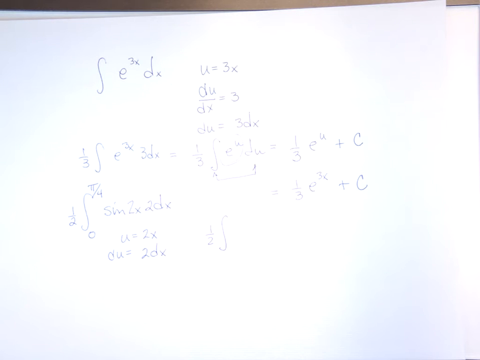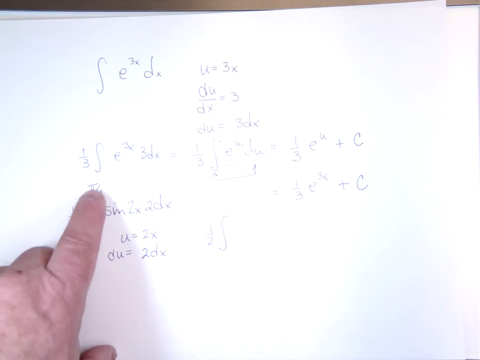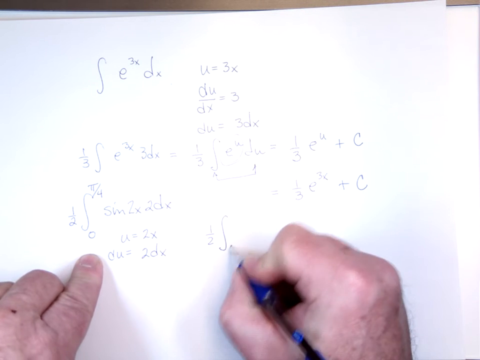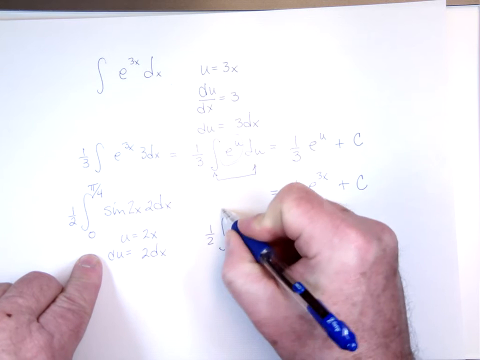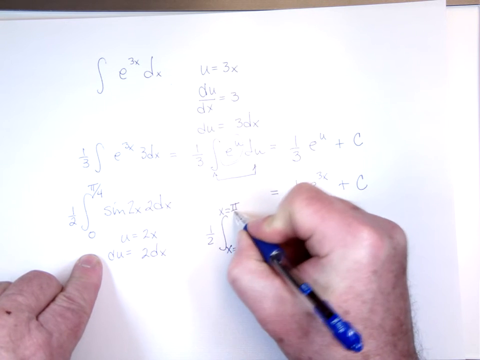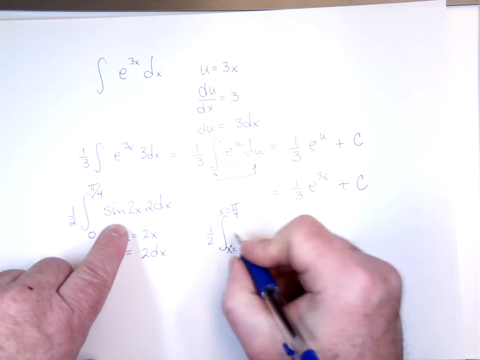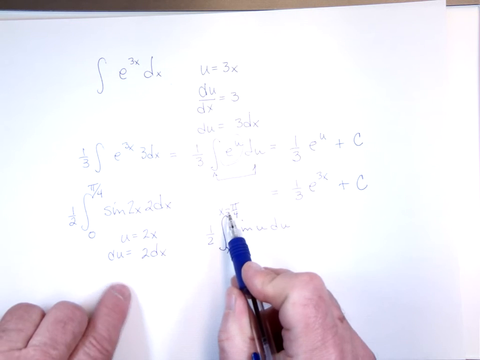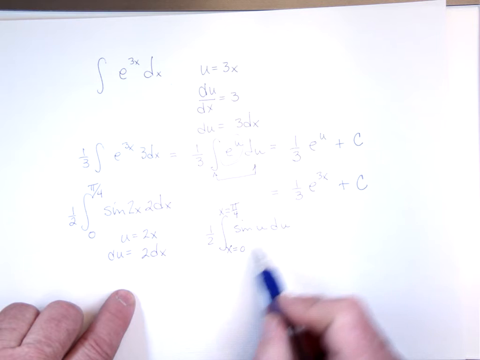One possibility is to leave these limits of integration, which are x limits, but specify that these are x limits, and then convert this to sine u du. When the limits of integration are different from the variable that you're using, you have to specify that.